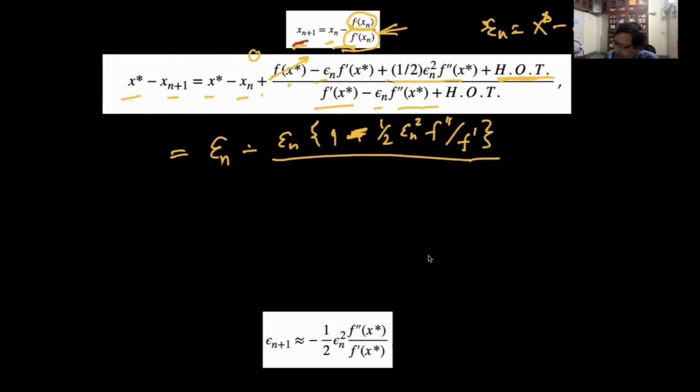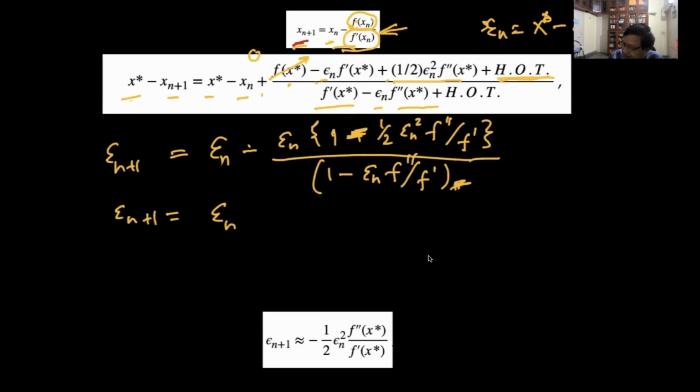And the bottom, I divided already by f prime, so that becomes 1 minus epsilon n f double prime divided by f prime. Now we do the Taylor expansion of the denominator. So the left-hand side is epsilon n plus 1 minus epsilon n.